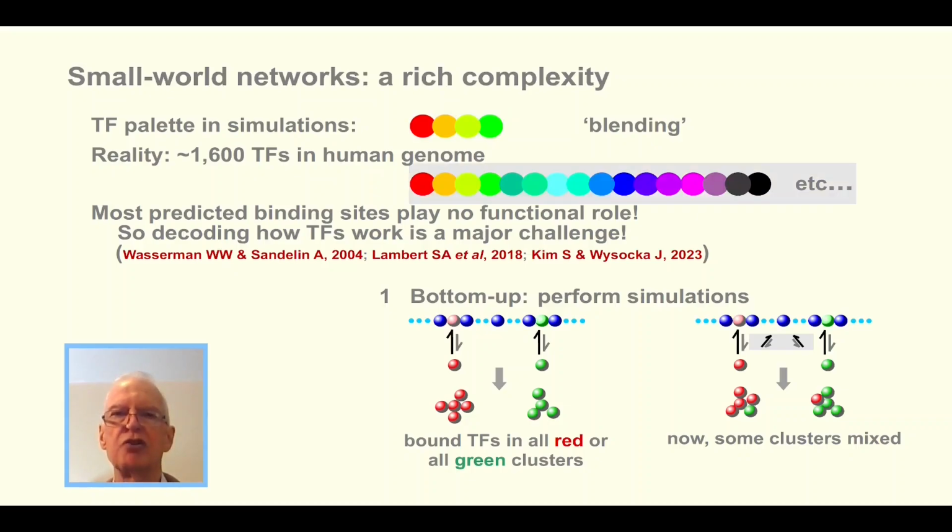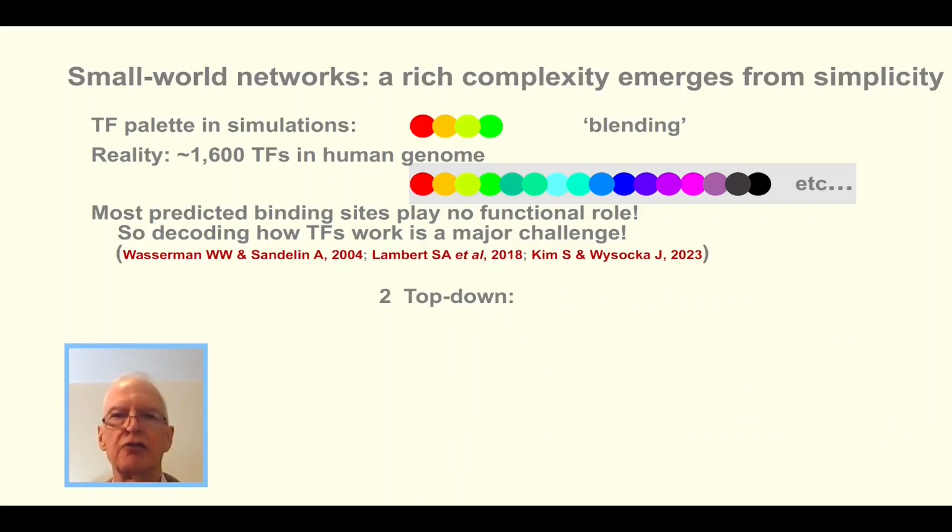If we now turn to the human genome, it is easy to imagine that there are many, many thousands and millions of blends that are possible. So what we have done with these bottom-up simulations is to say that the rich complexity that is seen emerges once again spontaneously from simple assumptions.